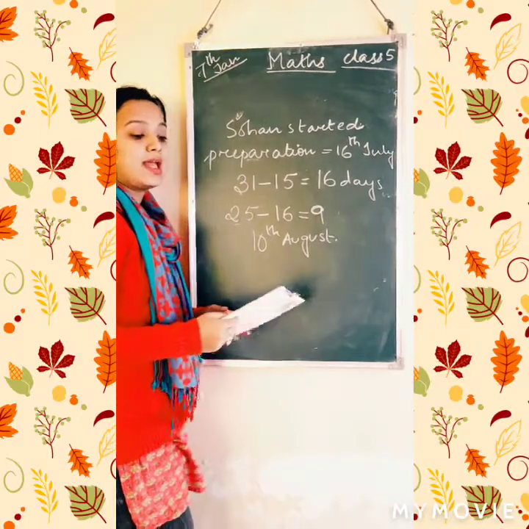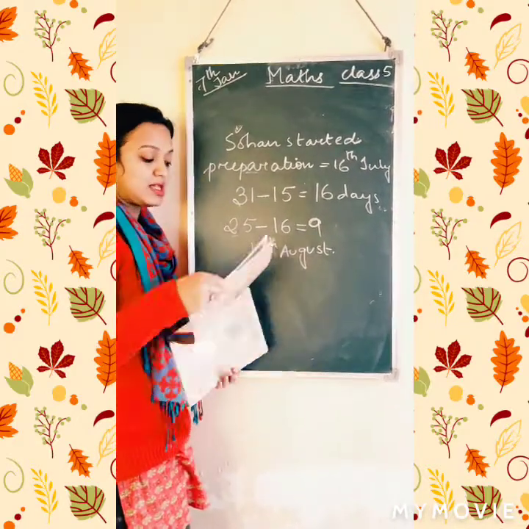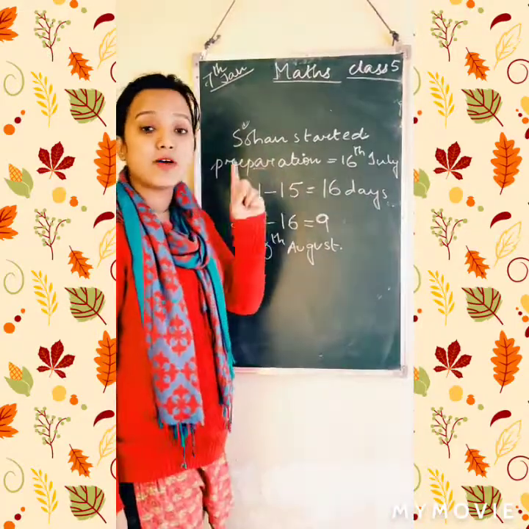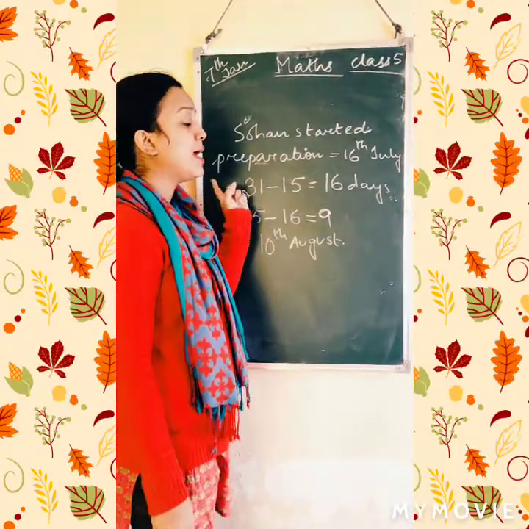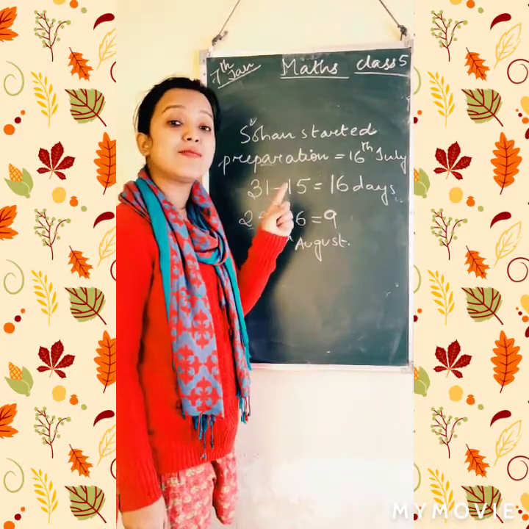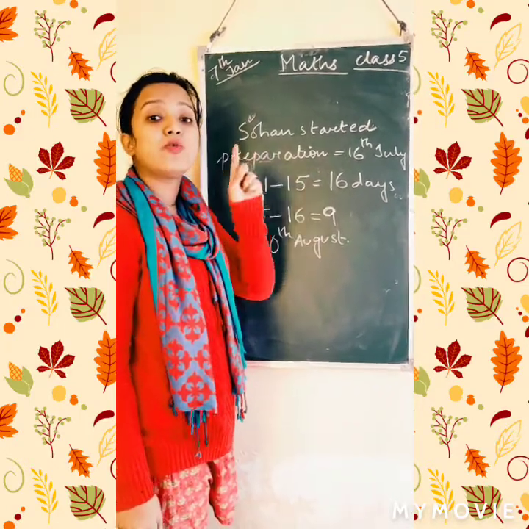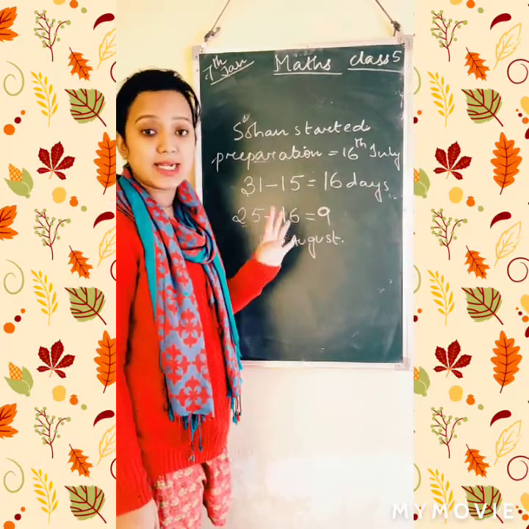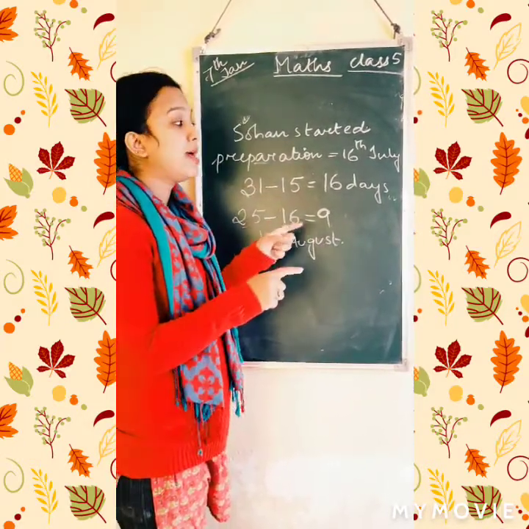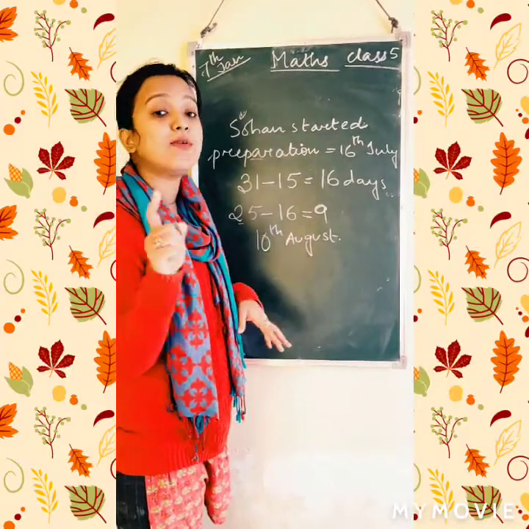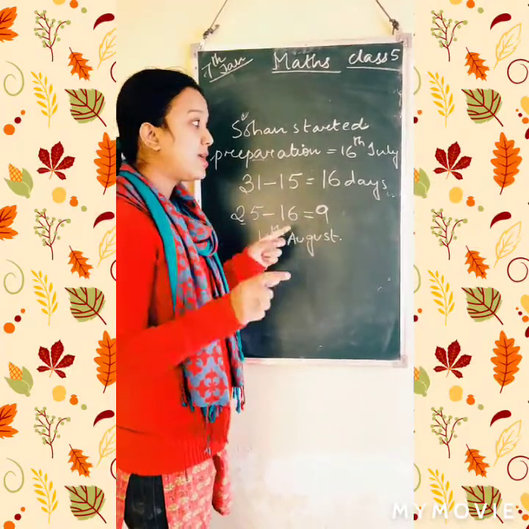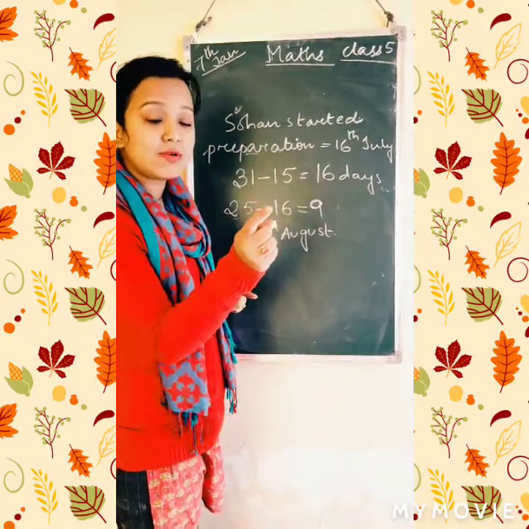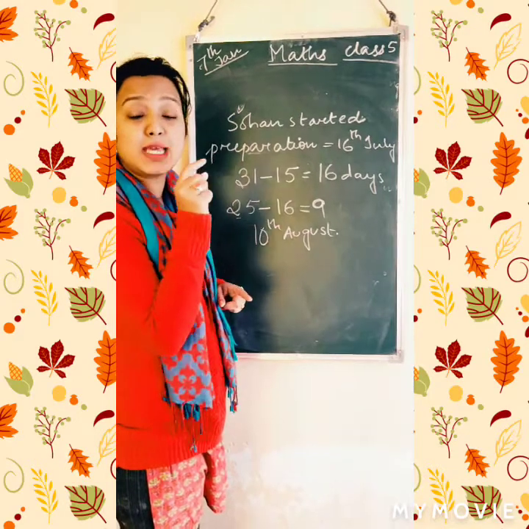Okay. So in this way you have to solve these sums. This sum I am going to tell you again. See, Sohan has started on 16th of July and his exam is 25 days later. They are asking you on which day it is starting. So what information we have when he has started, that is 16th of July. Now in July month we have 31 days, correct? Now when you count from 1st of July to 16th of July, 16th of July is the 15th day.